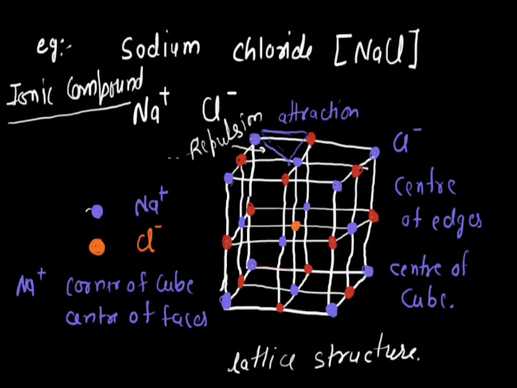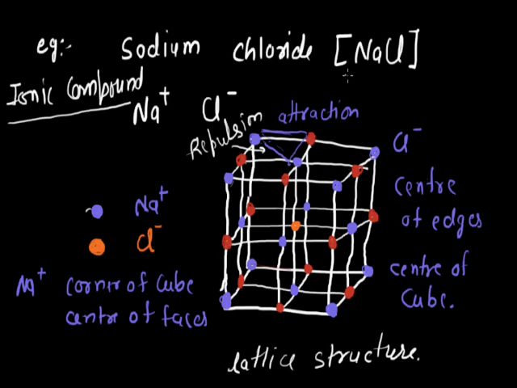Molecular compounds or covalent compounds are made up of molecules, but ionic compounds are made up of ions, that is cation and anion. So we can't calculate the molecular formula of sodium chloride.